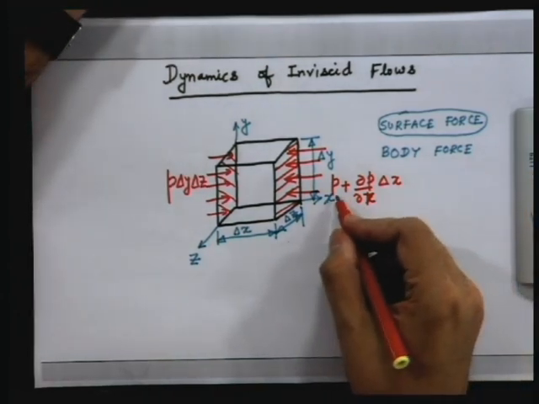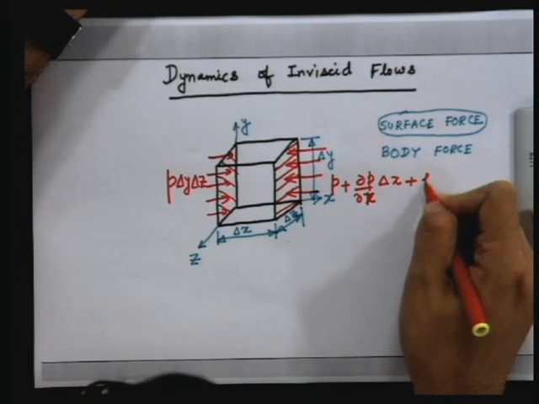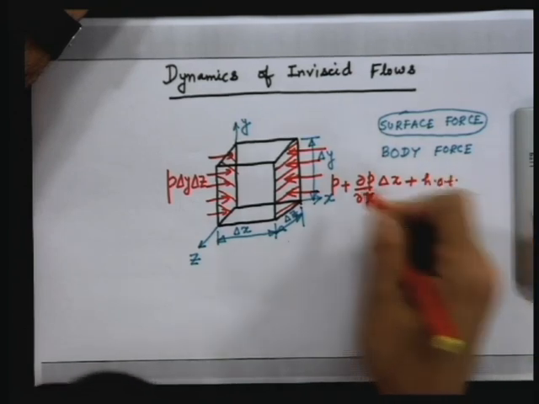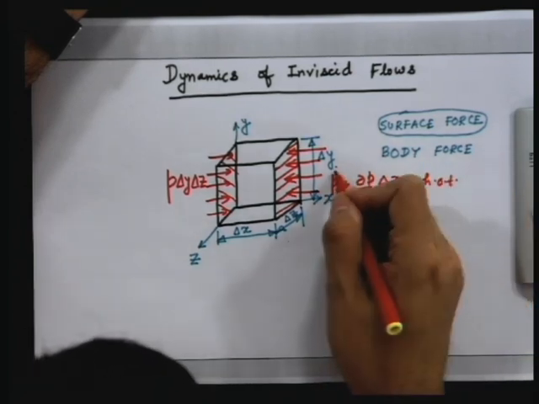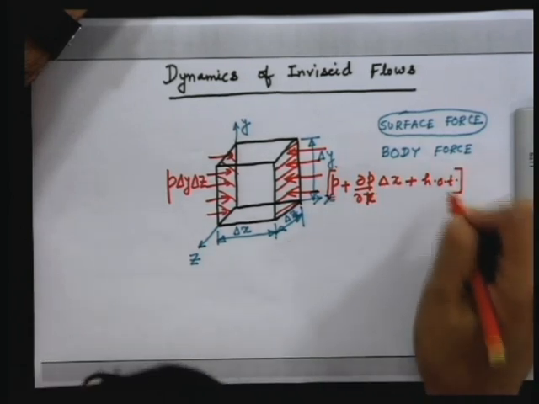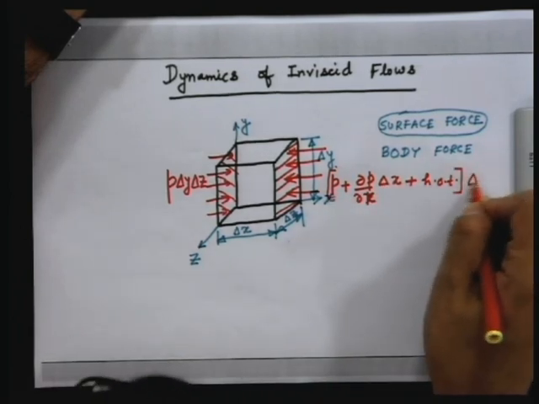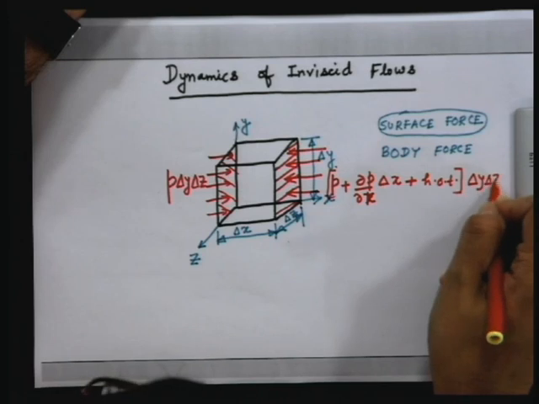We are writing a Taylor series expansion. This times delta y into delta z.